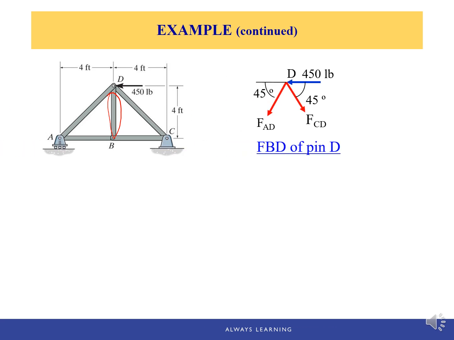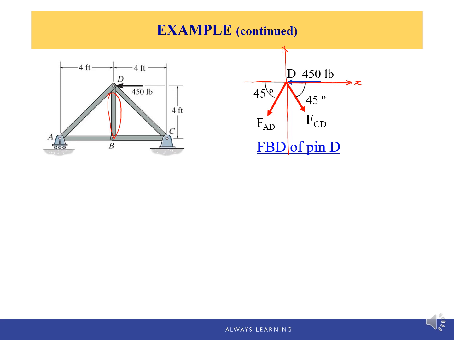Please, when you work on your homework assignment, draw the free body diagram of each pin separately from the original figure, because you're going to draw the free body diagram for each pin. If you use the original figure, pretty soon it will be very messy. Okay, the first step, my suggestion is to put the XY axis if it's not given, because we need to build the equilibrium equations and it's based on the x direction and y direction.